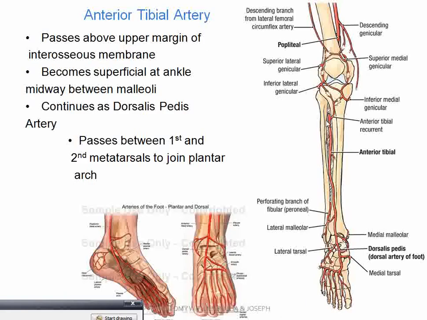The anterior tibial artery, so the anterior view can be seen. The anterior tibial artery passes between the tibia and fibula.